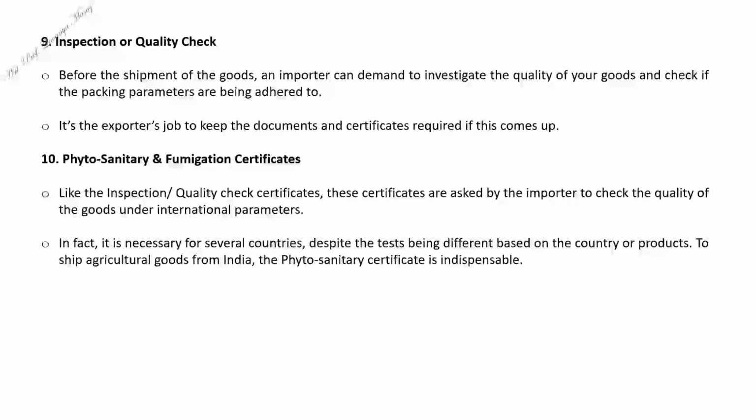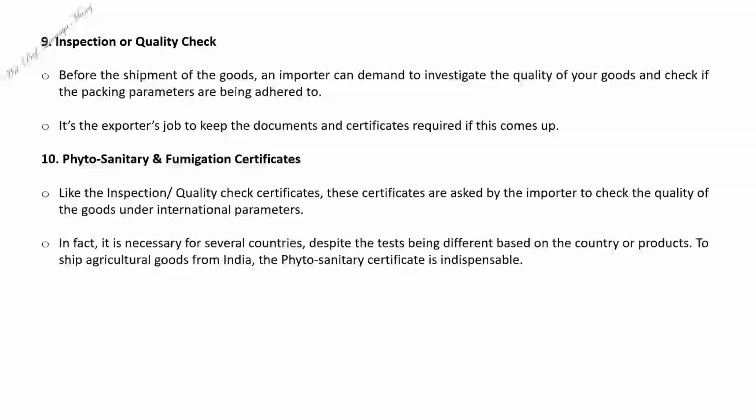You have to get a certificate from them. They will analyze the contents in the goods, whatever is in the consignment. They will check it and make sure it is not adulterated food, and that it doesn't have any harmful fertilizers or chemicals, according to whatever standards the importer country has cleared.